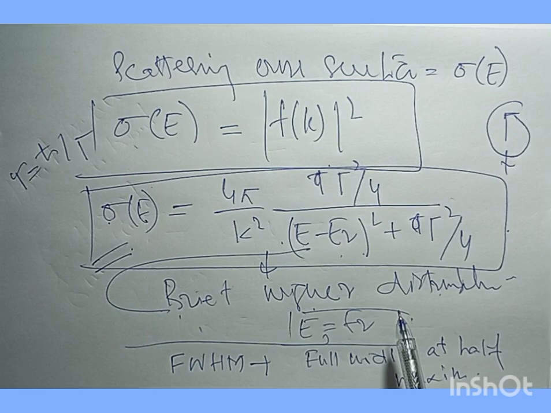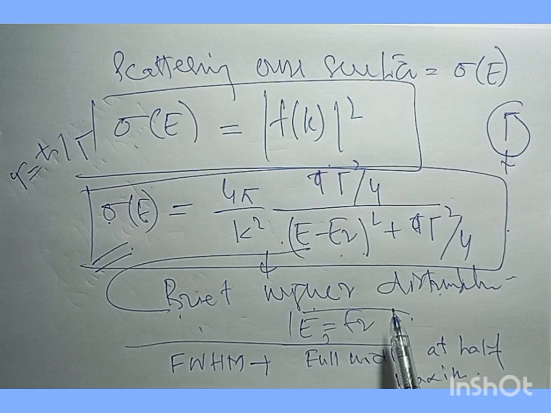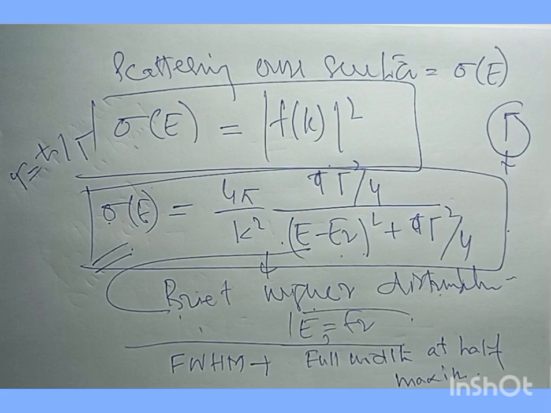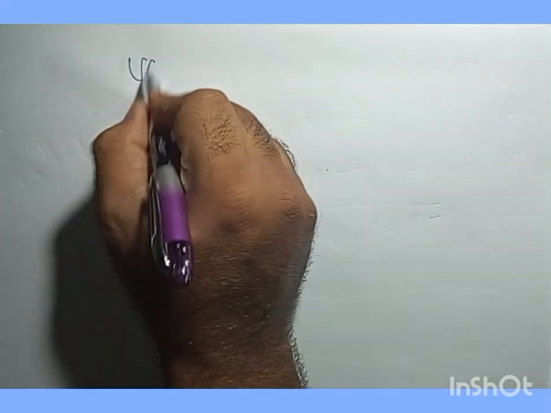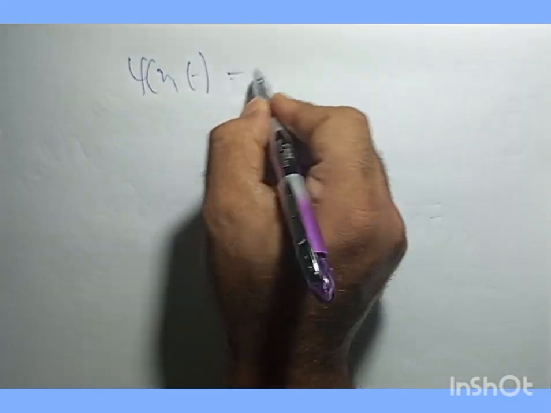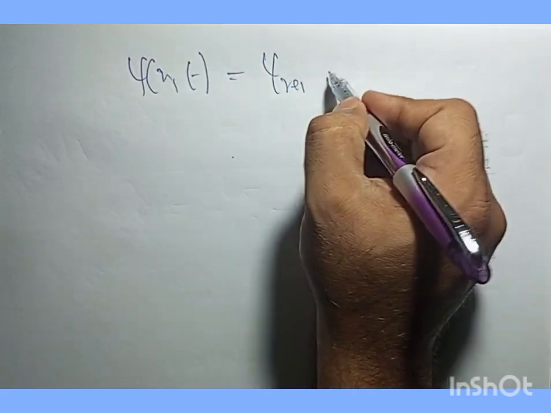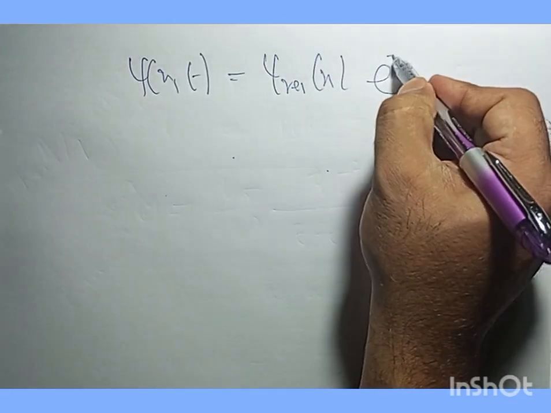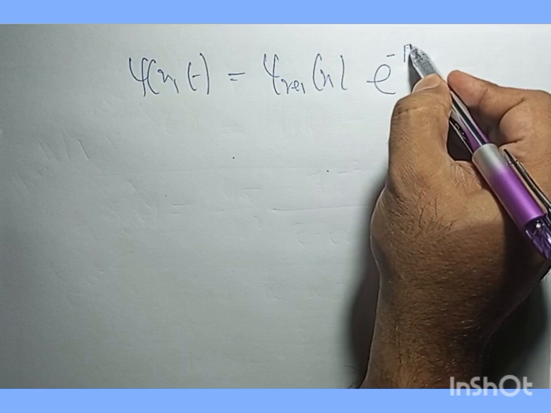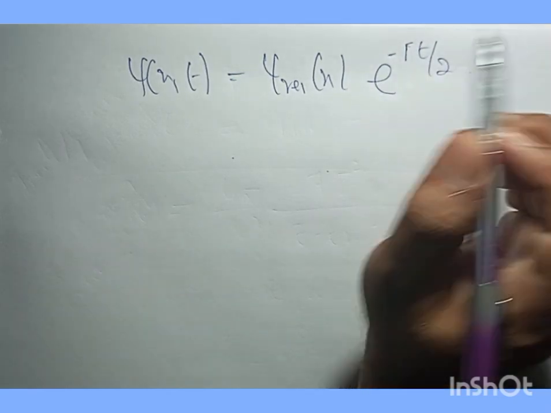This is where we have reached in our discussion. If I write down my wave function, psi of x and t, it is psi resonance of x times e to the power of minus resonance width t by 2.